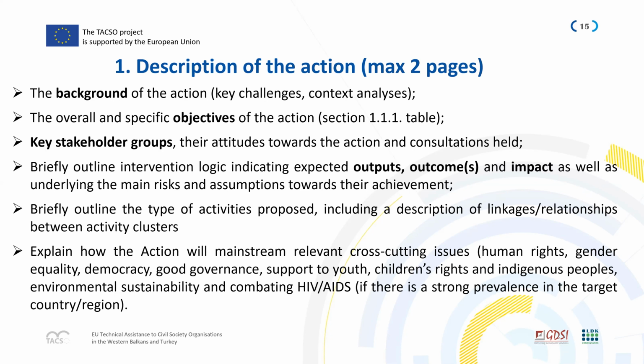Here, briefly, you are outlining the intervention logic, indicating expected outputs, outcomes, and of course, impact. So all the results expected, and briefly the main changes that are expected to happen as a result of implementation of your action.